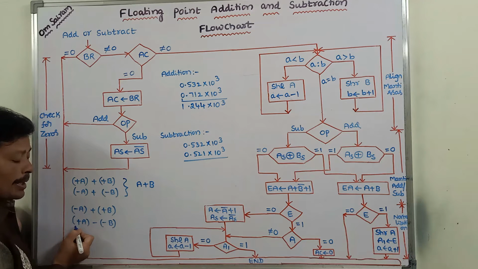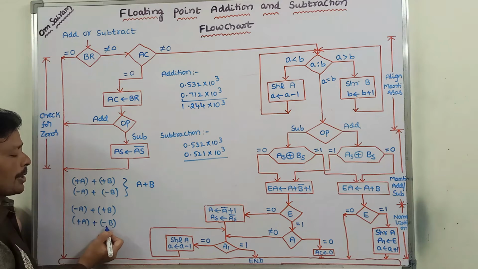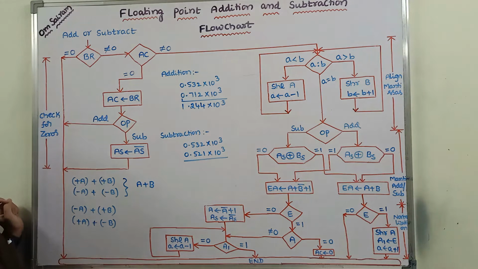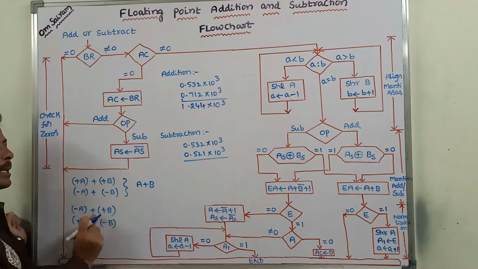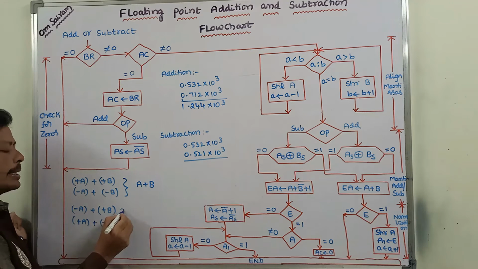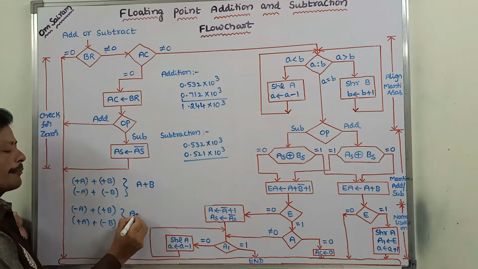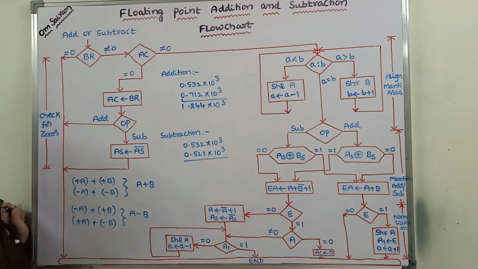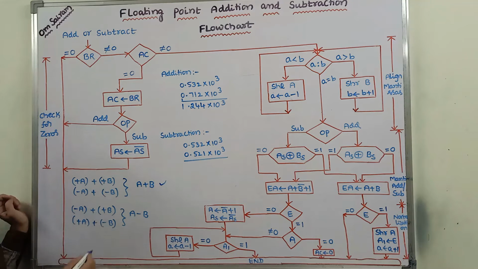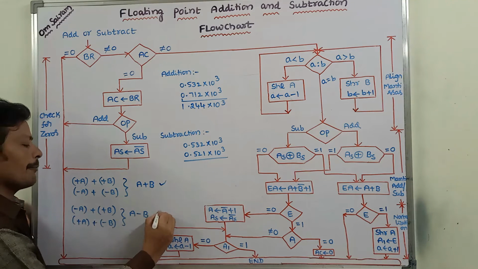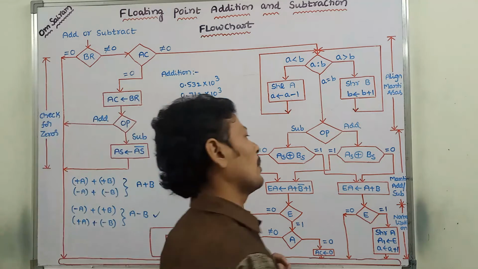Another case, the mantissa of the first floating point number is plus and the mantissa of the second floating point number sign is minus. Both signs are different. In this case, we have to perform the subtraction operation. In the earlier two cases, we are performing the addition operation. In these two cases, we are performing the subtraction operation.